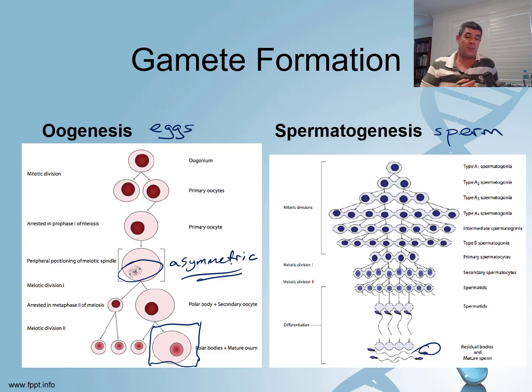So you can see in the process of oogenesis, we get 4 cells, but 3 of those are tiny cells with not much material inside of them, and the 4th is a much larger cell that is ultimately going to be the egg or the oocyte. In spermatogenesis, all 4 cells are the same size.